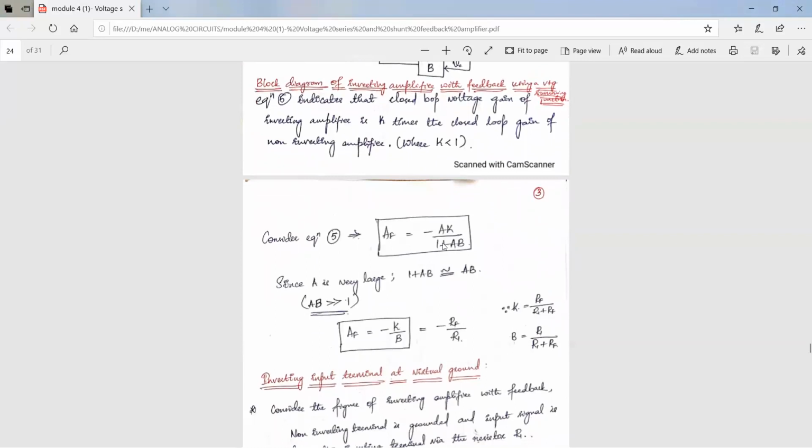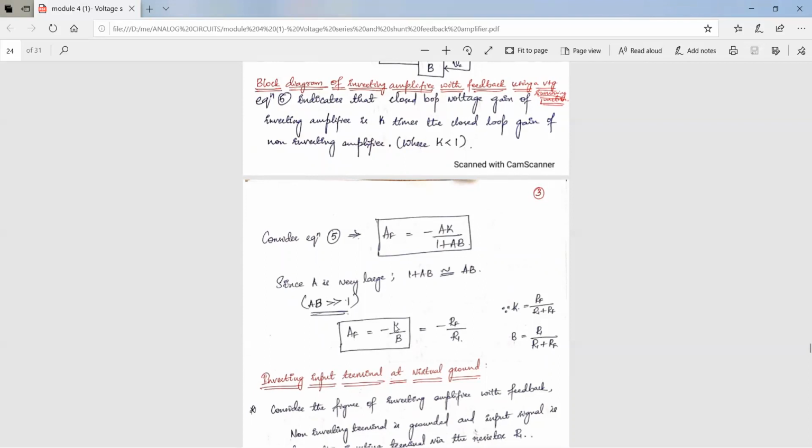And here consider the equation 5. Now we got AF as equal to minus AK by 1 plus AB. Now we know A is very large, so A into B will be very much greater than 1. So 1 plus AB, I'll write it as just AB. So AF will be equal to minus AK by AB.